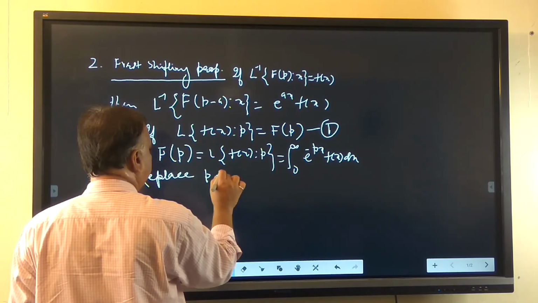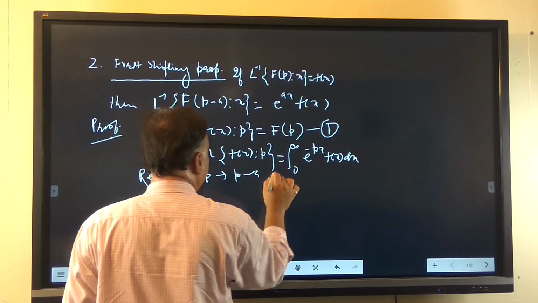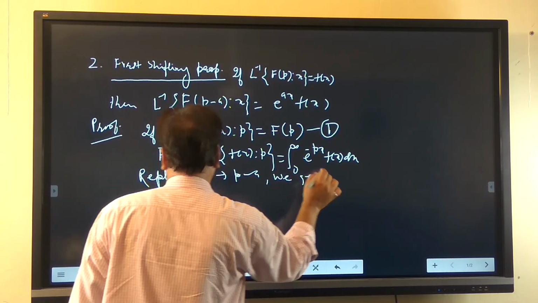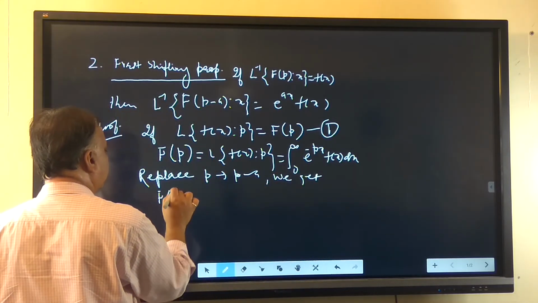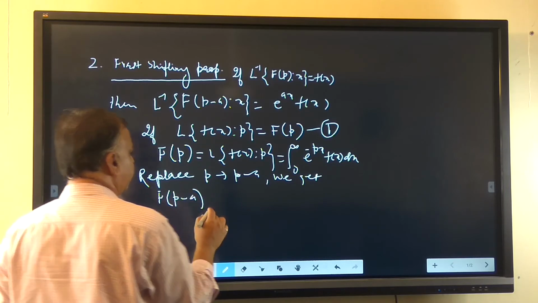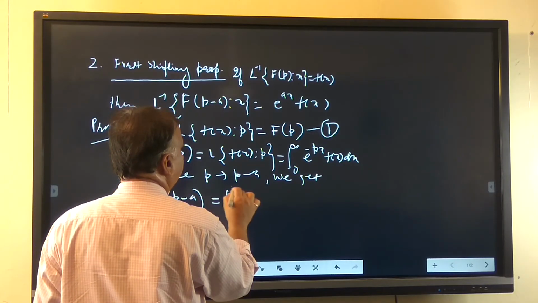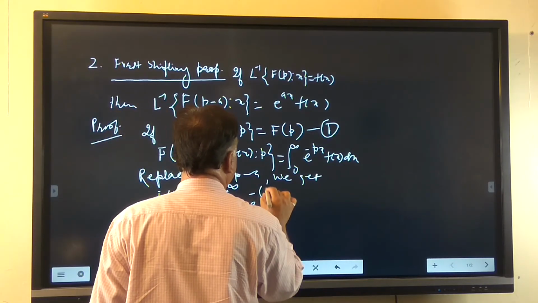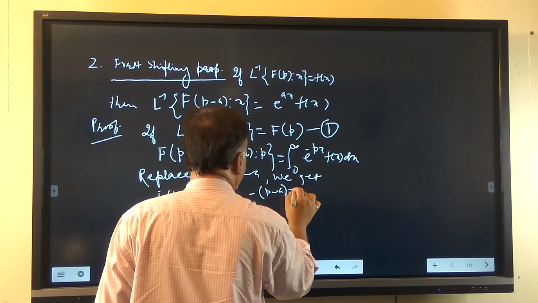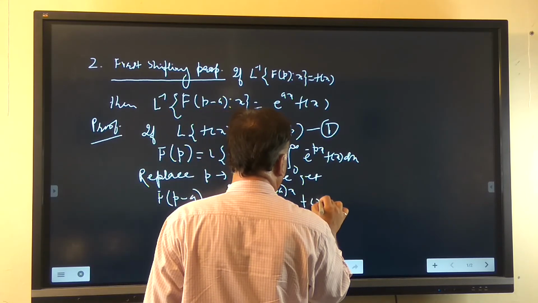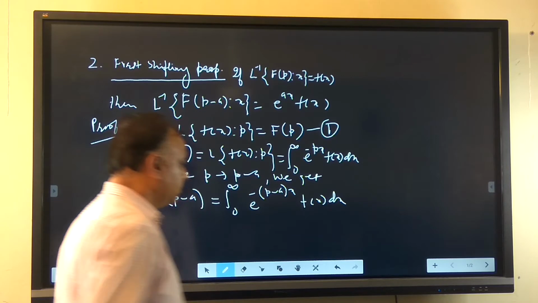Now replace p by p minus a, we get F(p minus a) is equal to the integral from 0 to infinity of e raised to minus (p minus a) x f(x) dx.